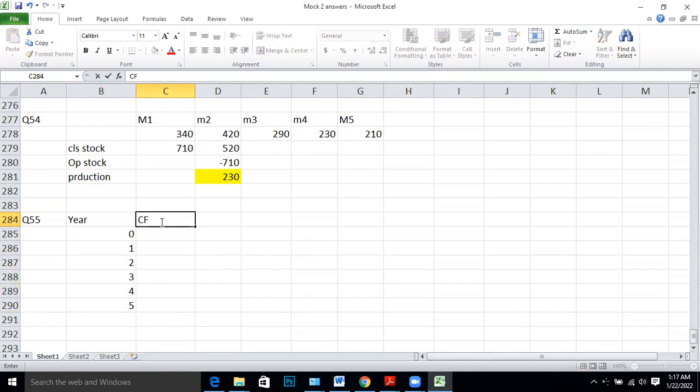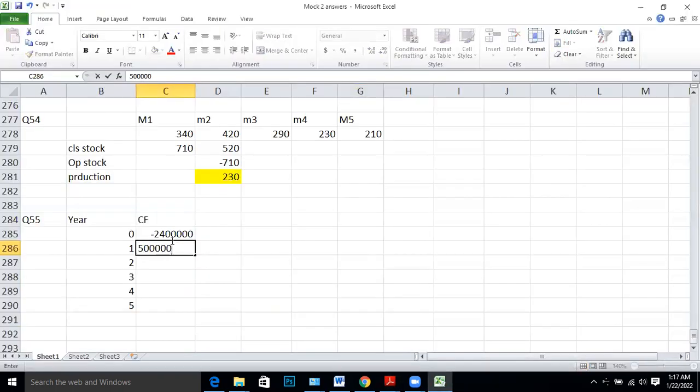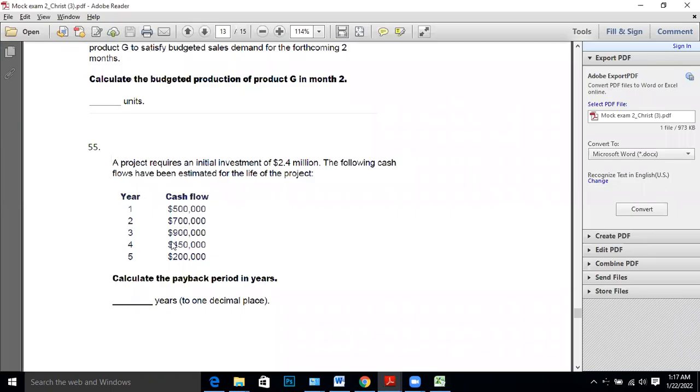Cash flow: you are investing 2.4 million, and then annual cash flows of 500, 700, 900, 450 and 200.